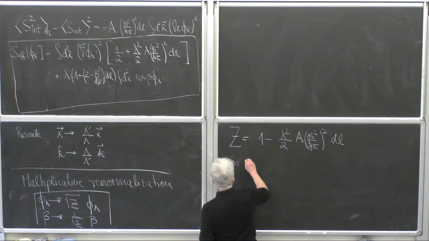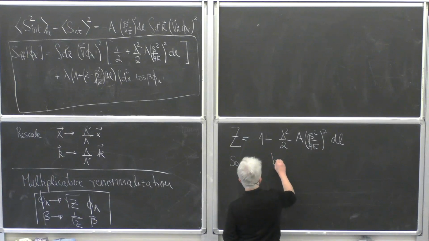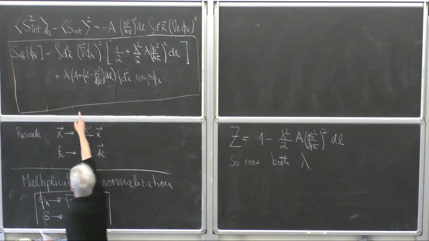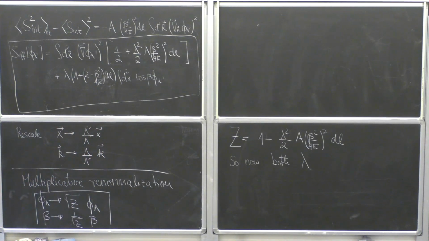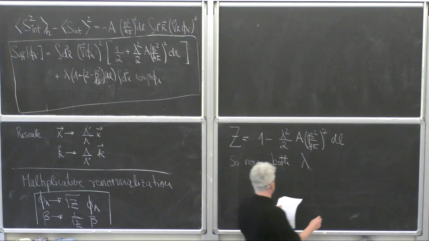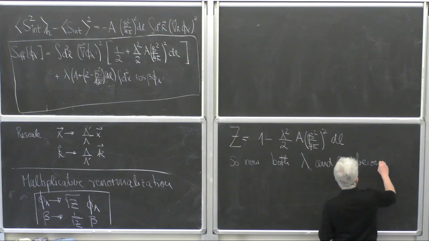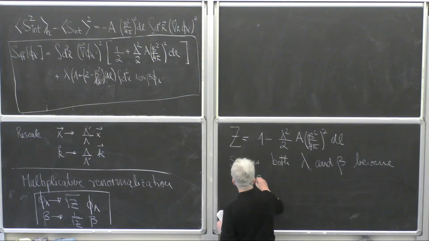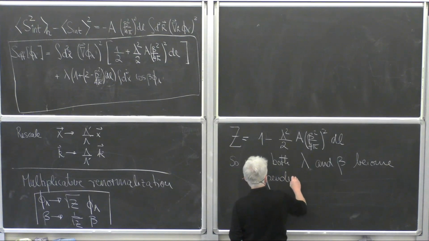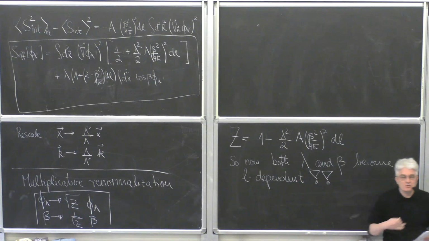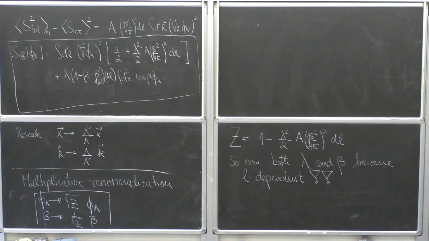So now both lambda, the small coupling constant, but also beta become L dependent. So in other words, to second order in this RG procedure, not only does the coupling constant run, but also beta runs.